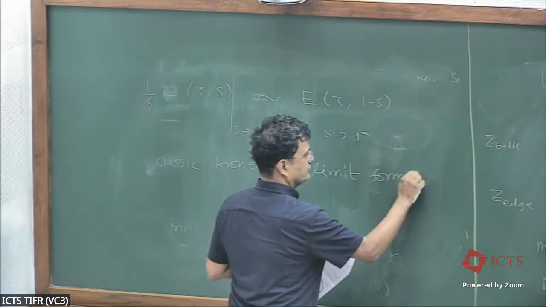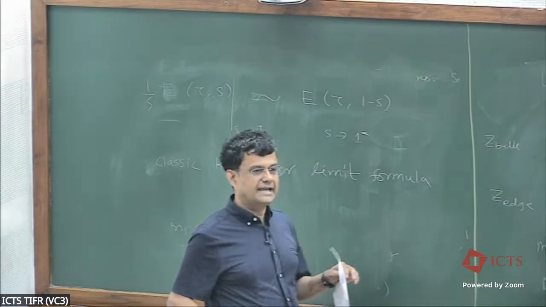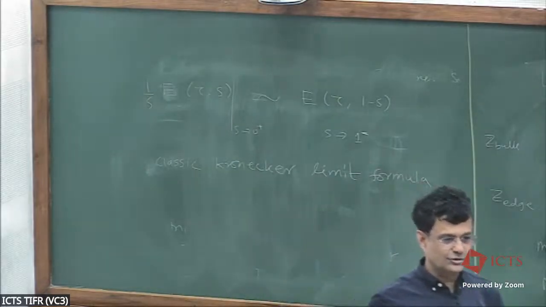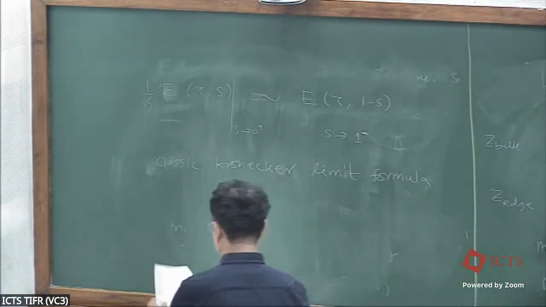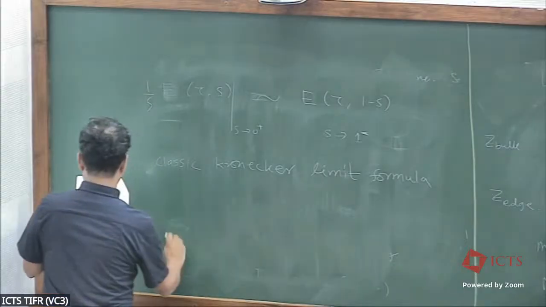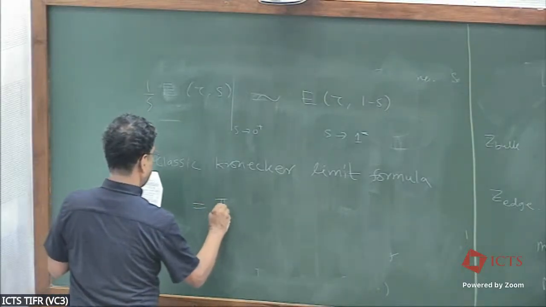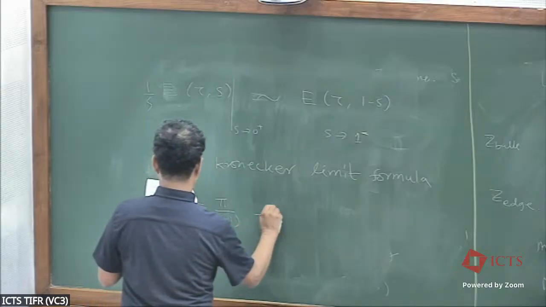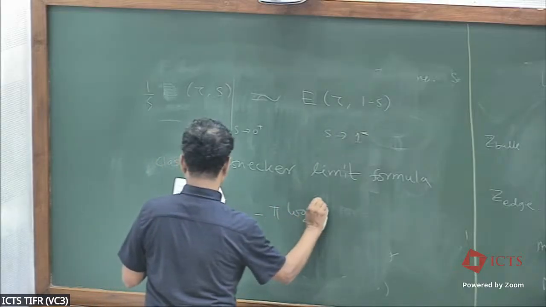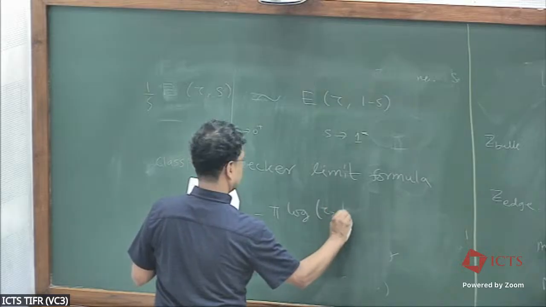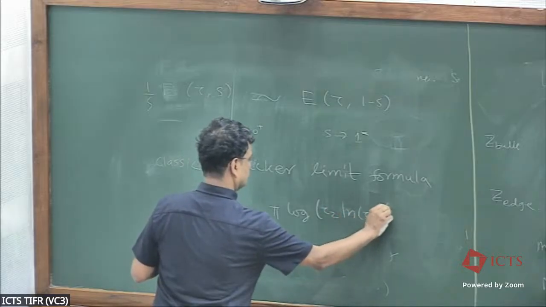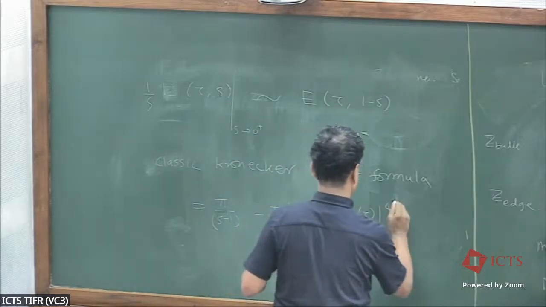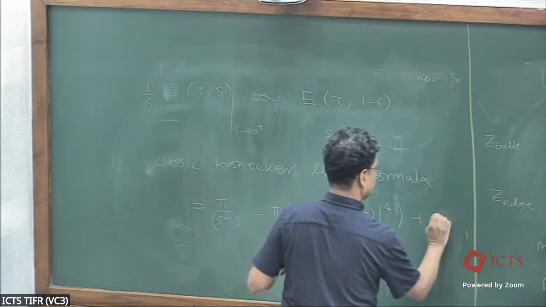You can find it also in Lang's textbook. So it's really a textbook result by now. That this goes as pi over s minus 1, minus pi log tau 2, plus order s minus 1.